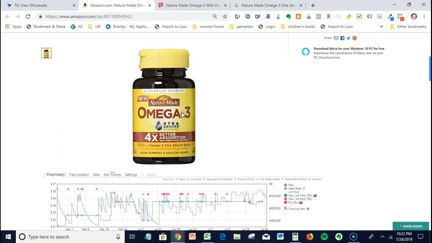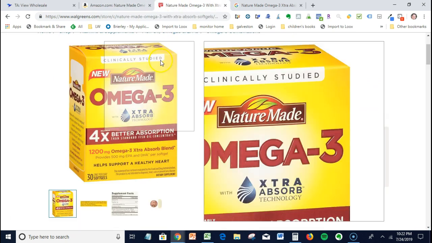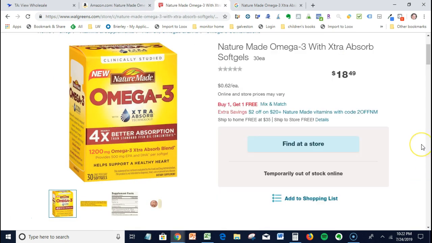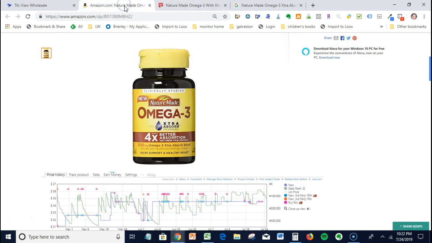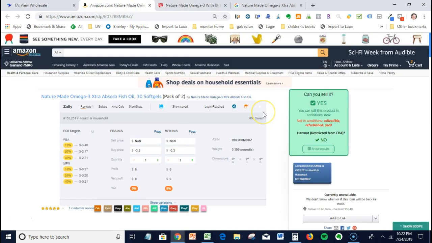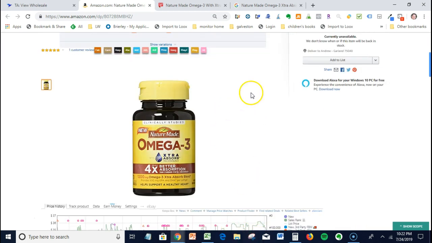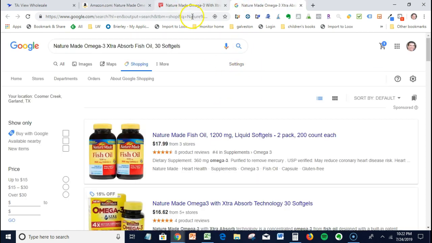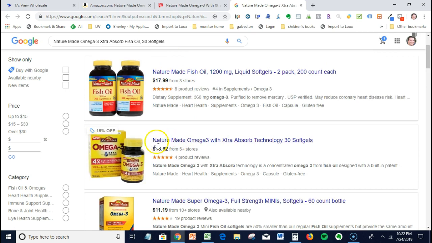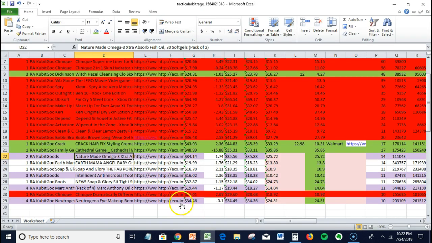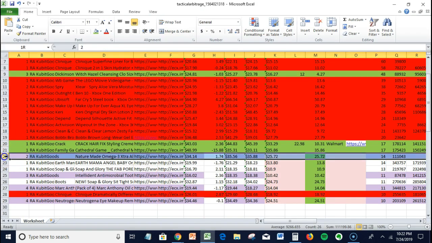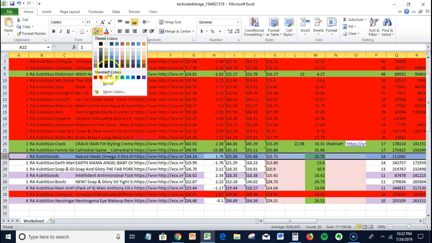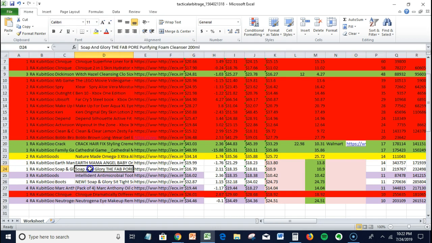Yeah, I guess it is 30 soft gels. 1849. So I guess if this is 1, it's going to be times 2. Is this a pack of 2 here? I don't know. I have to do some more research on that. I would leave that as a possibility. But anyway, you get the idea.